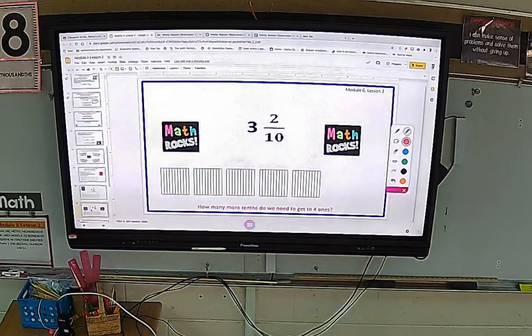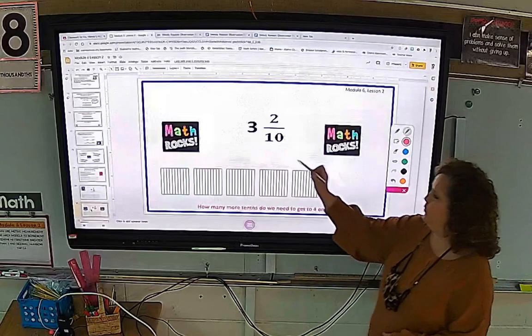Alright, sometimes you gotta be careful that the plastic doesn't move on these little whiteboards. Alright, what does it look like when it's a decimal? What does the decimal number look like? 3.2.